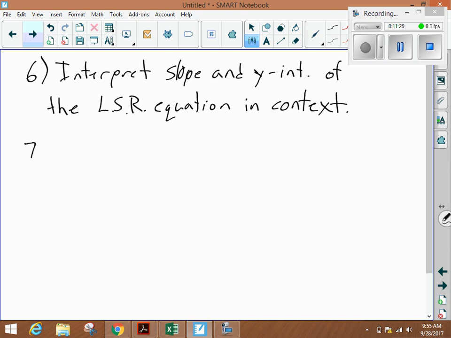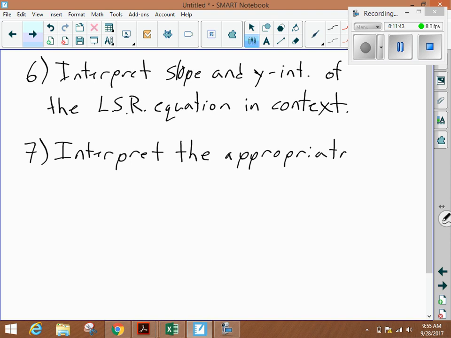All right. So also, interpret the appropriateness of least squares regression using a residual plot.